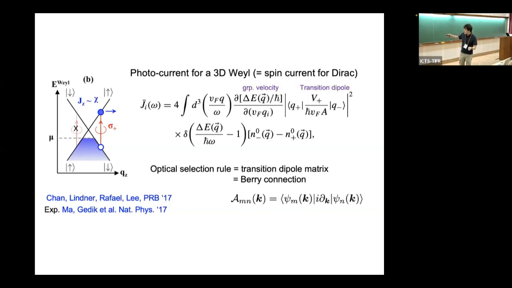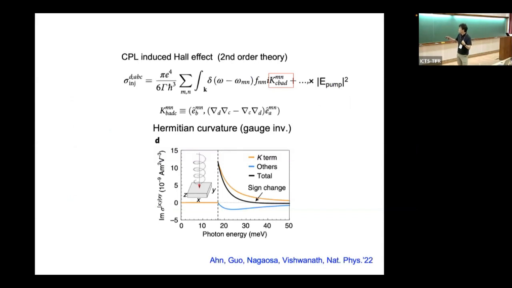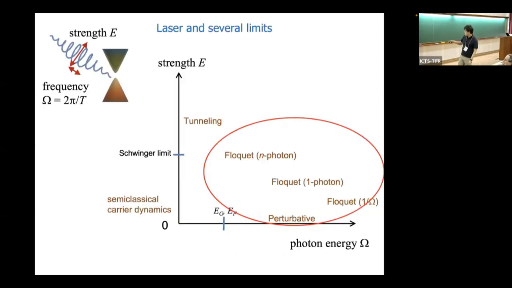Berry connection itself is not gauge invariant, but all physical quantities must be gauge invariant, and thus, if you do the calculation properly, they are written using gauge invariant quantities, not just the Berry curvature, but even higher order quantities such as the Hermitian curvature. So in the paper by these guys, they found out that the laser-induced Hall effect will be given by this Hermitian curvature. Okay. So that was the review of the low energy, low field limit.